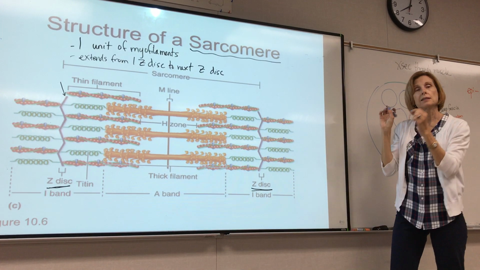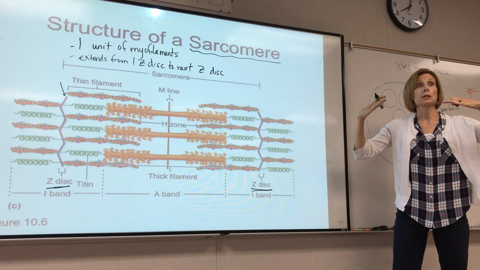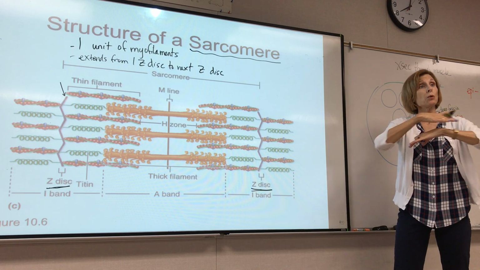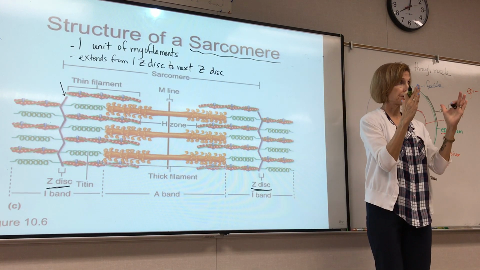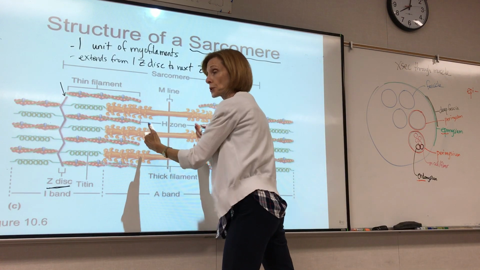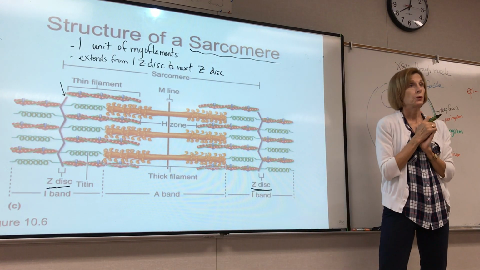Because the filaments slide, that will cause the sarcomere to shorten. The two Z discs will come closer together as that happens.